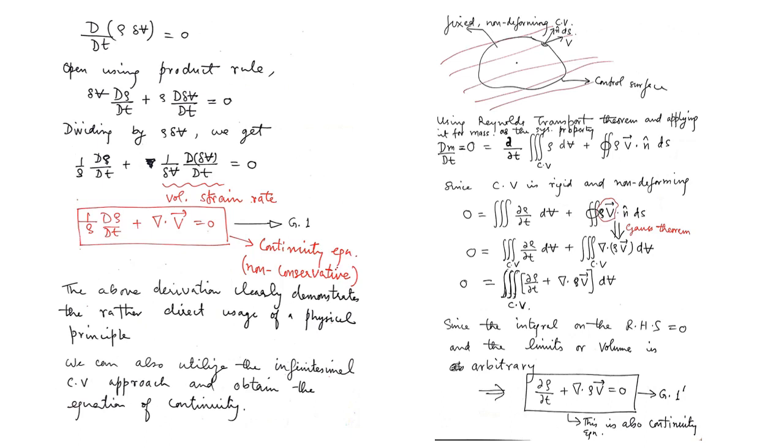When two things are equivalent, it means that if statement 1 and statement 2 are equivalent, then if you believe that statement 1 holds, then automatically statement 2 also holds. Or if you believe statement 2 holds, then statement 1 also holds. So this is the sort of equivalence of these two continuity equations.